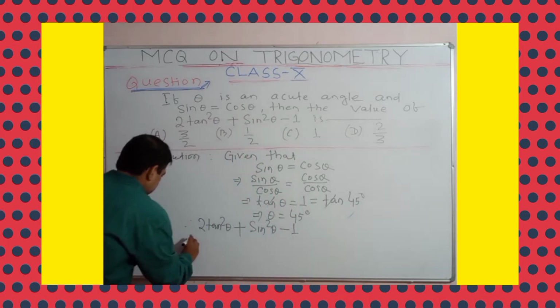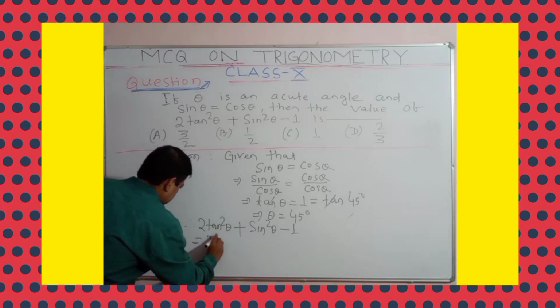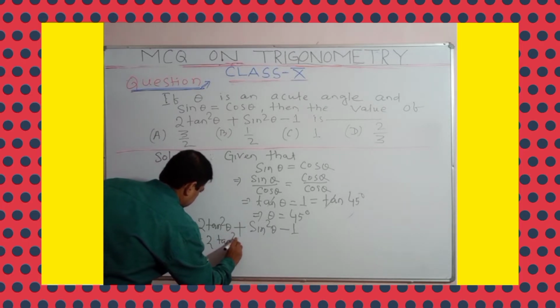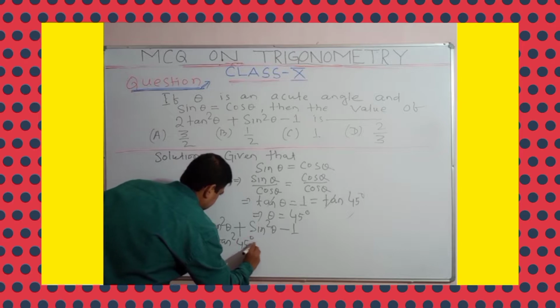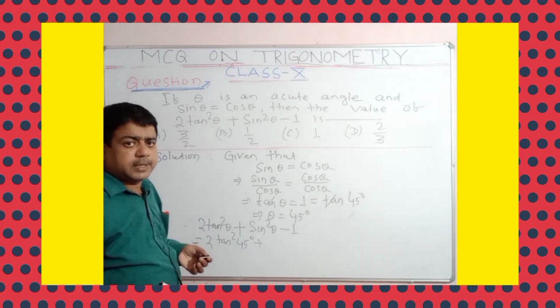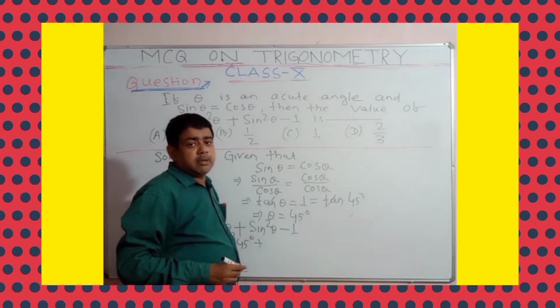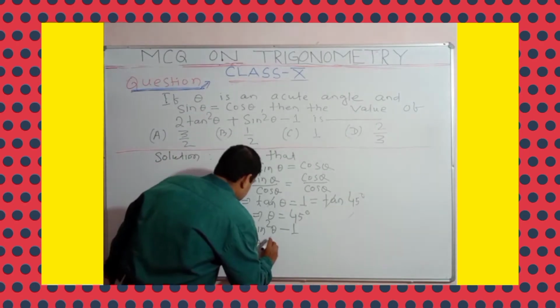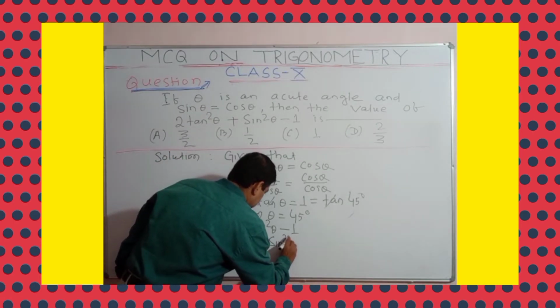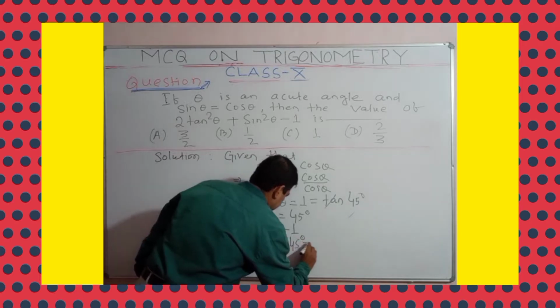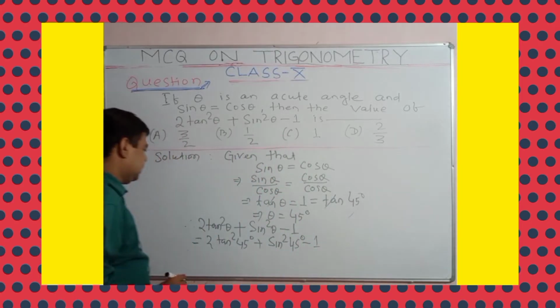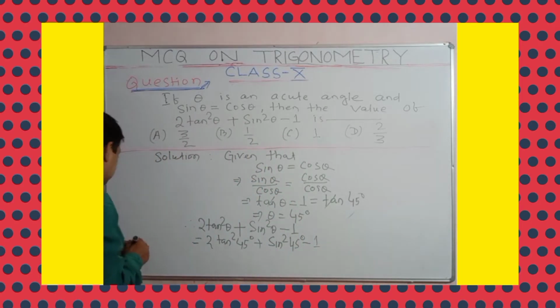Here, 2 into tan square theta, in place of theta we write 45 degree, and in sin square theta we write sin square 45 degree minus 1. Is it clear? Yes.